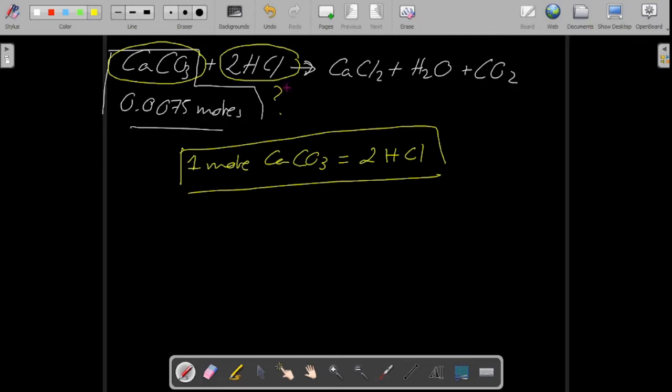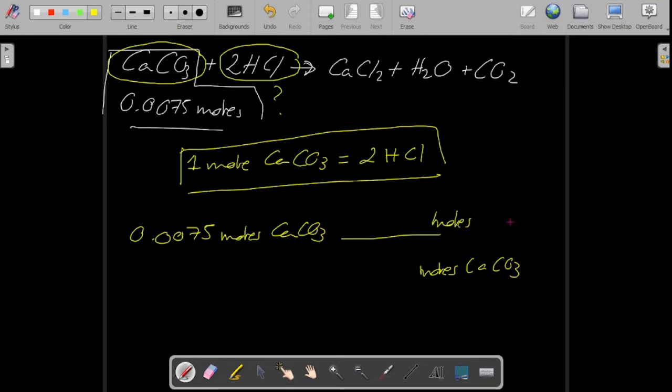But of course, we do not have a whole mole. We have 0.075 moles in one tablet. So we always start with whatever they are giving us. 0.075 moles of that calcium carbonate. We open our fraction and put at the bottom what we're trying to get rid of. We don't want moles of calcium carbonate. What we want is to know how many moles of hydrochloric acid it can neutralize. Let's read how they are related to one another according to the formula. 1 to 2.